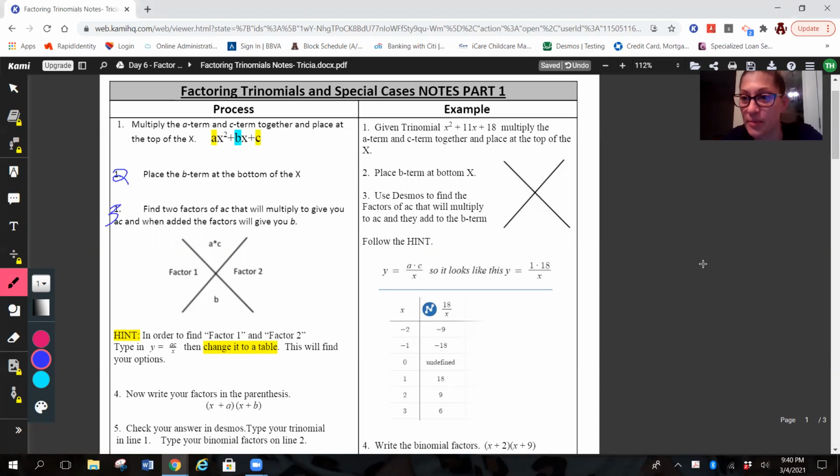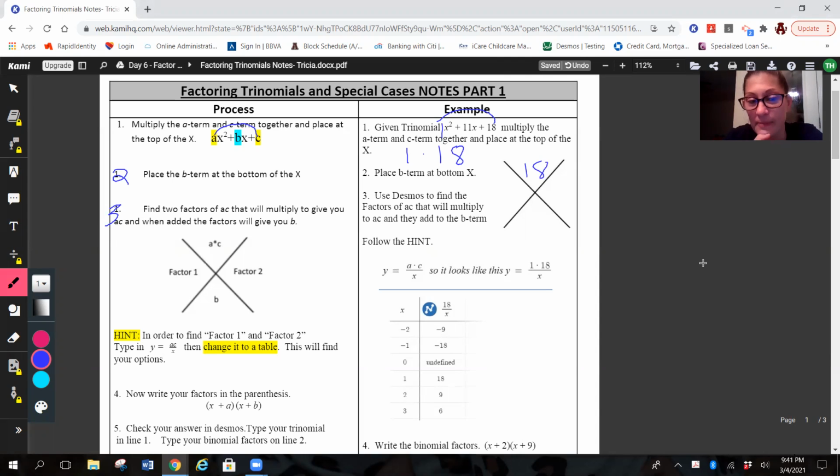Let's read the process. Number 1. Multiply the a term and the c term together and place it at the top of the x. So a times c. On number 1, a is 1, c is 18. So 1 times 18 is 18.